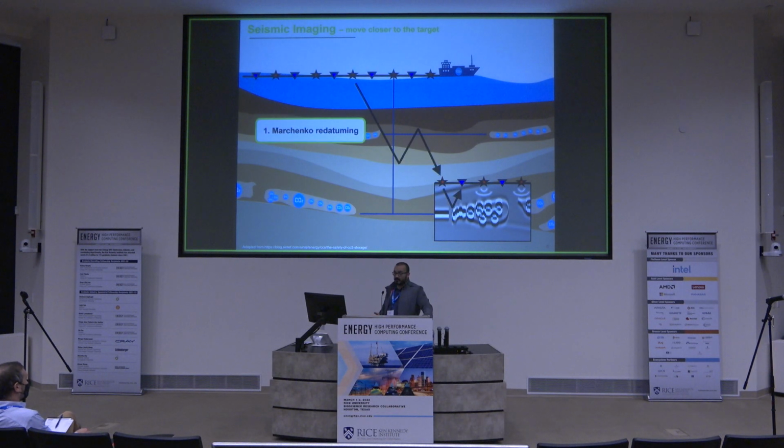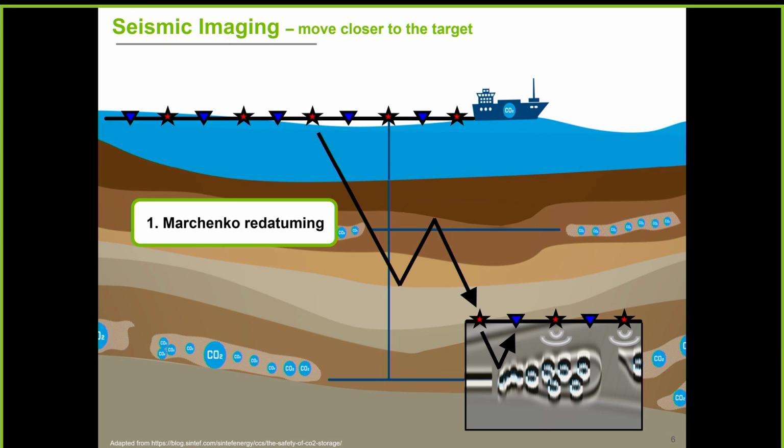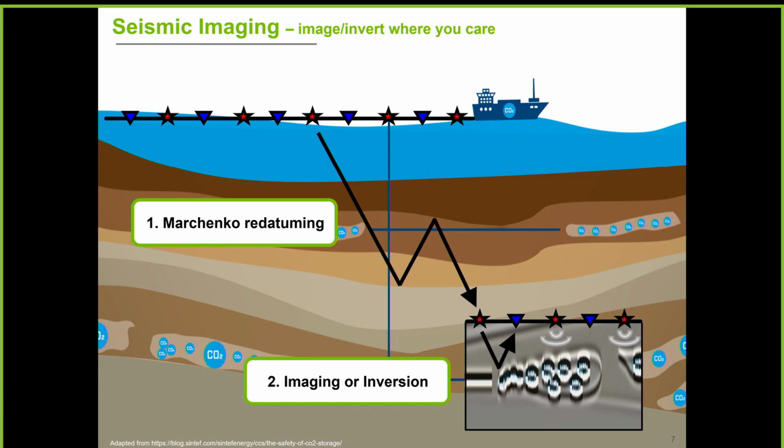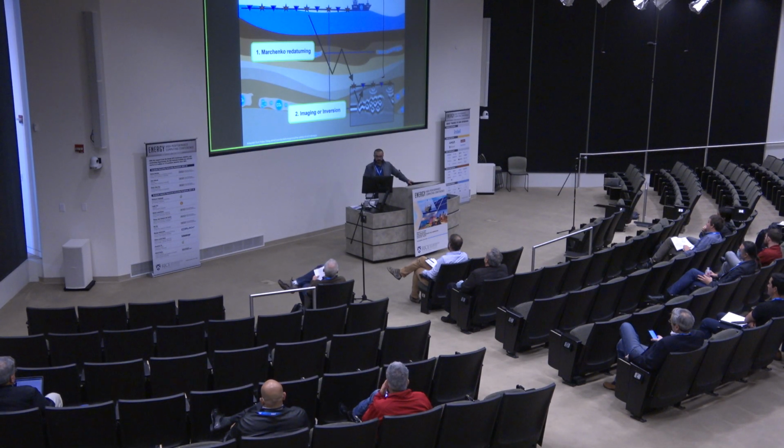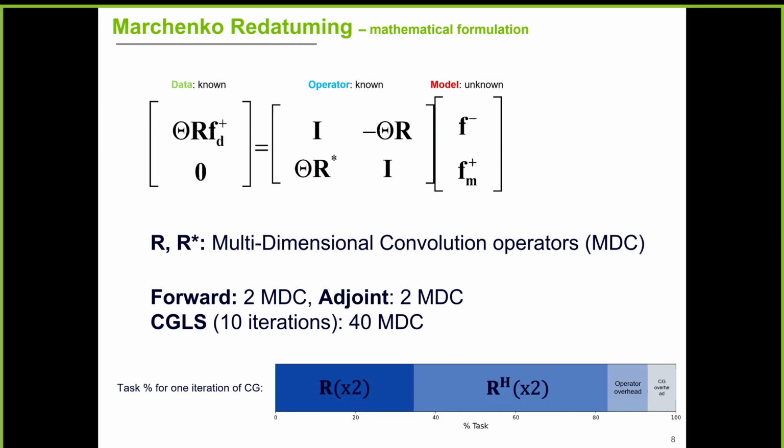That technique is based on the technique implemented by Marchenko, Redatuming or Redatum, which means repositioning. So that's more or less the story. So we use again the data collected at the surface and move those data closer to the region of interest, and then we can perform our imaging or inversion.